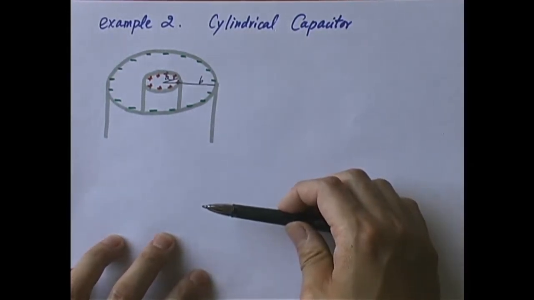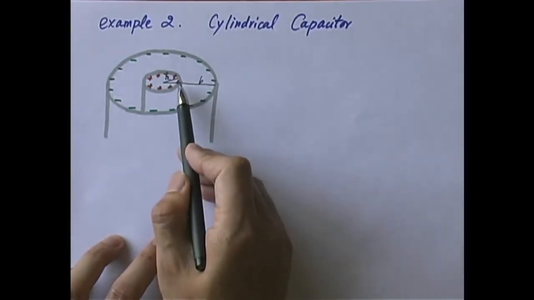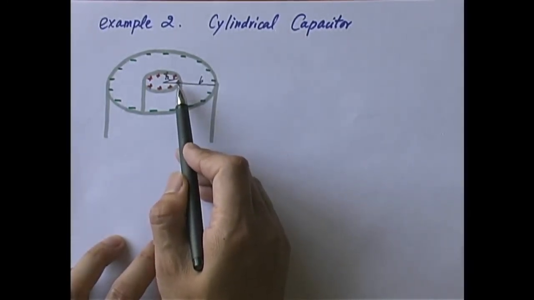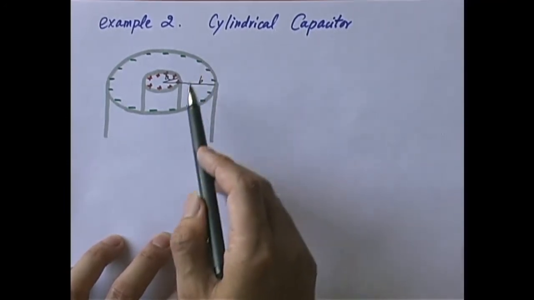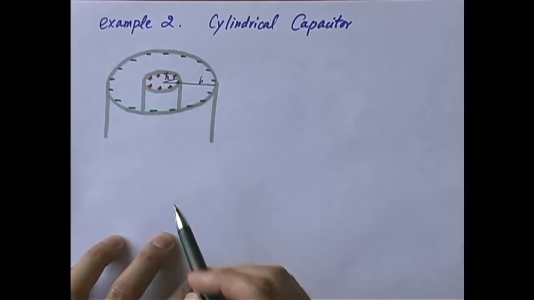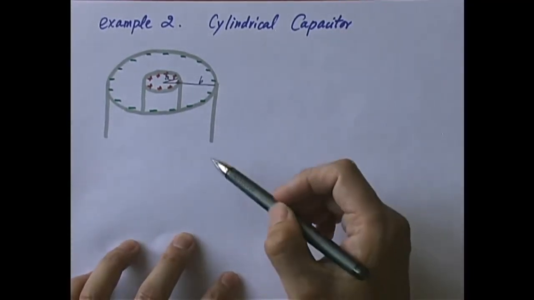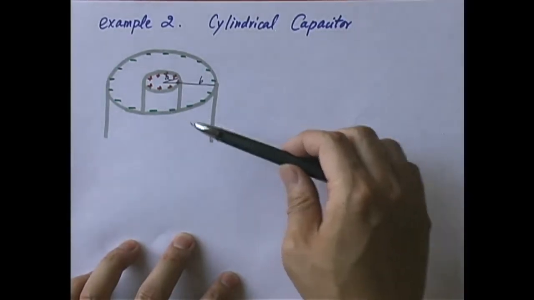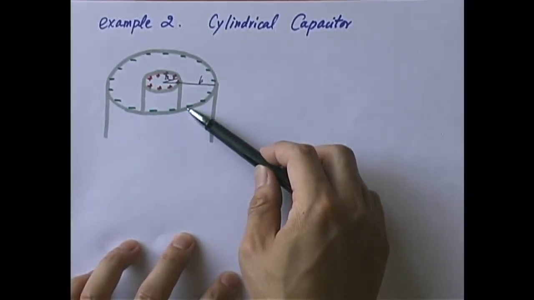The reason I want to make them infinitely long is that way we can easily calculate the electric field in between the cylindrical conductor and the cylindrical shell. Otherwise, the electric field would depend on how far you are from the ends, and that will make things more complicated. So we basically have an infinitely long concentric cylindrical capacitor with an inner cylinder and an outer conducting shell.